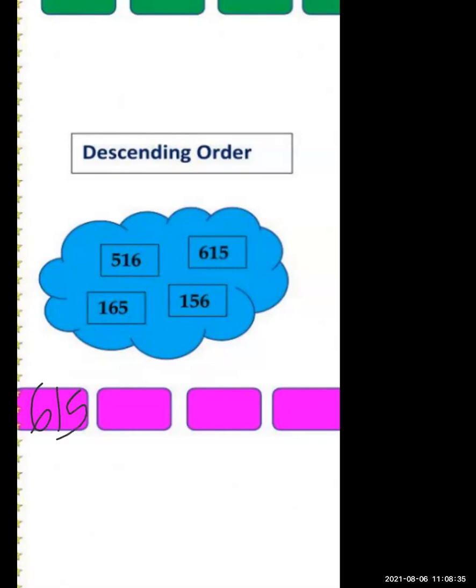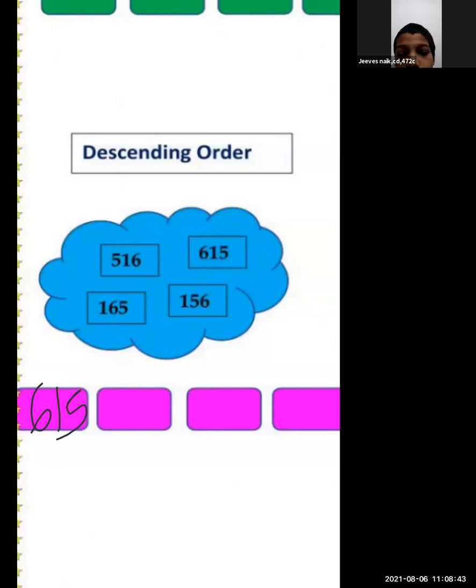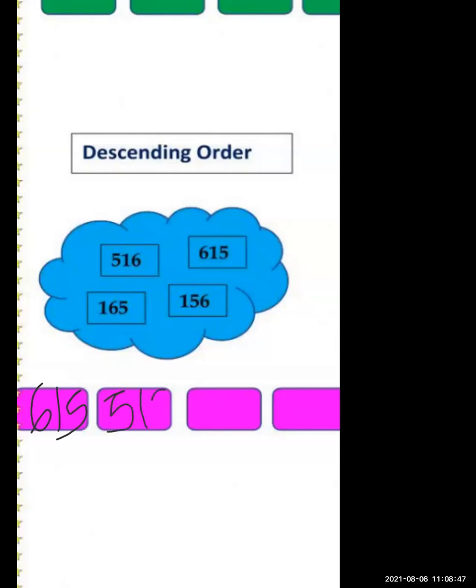So after the 615, which is the smallest number than the 615? 516. 516. Very good. And then after 516, which is the smallest number? So we can look at over here. Both numbers have 100.